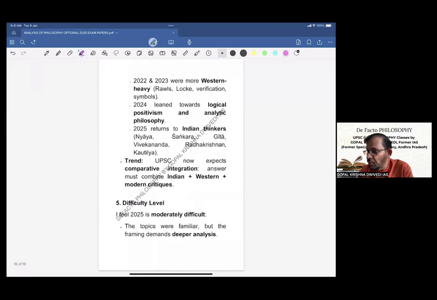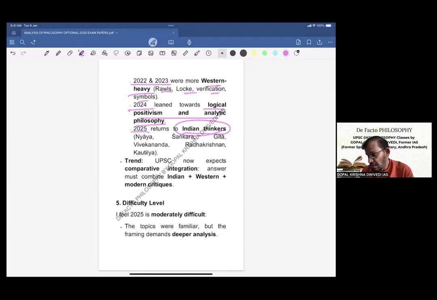2022-23 were more Western heavy, that is Rawls, Locke, verification, symbols, etc. 2024 leaned towards logical positivism and analytical philosophy. But 2025 returns to Indian thinkers. So more focus in paper 2 is on Indian thinkers.